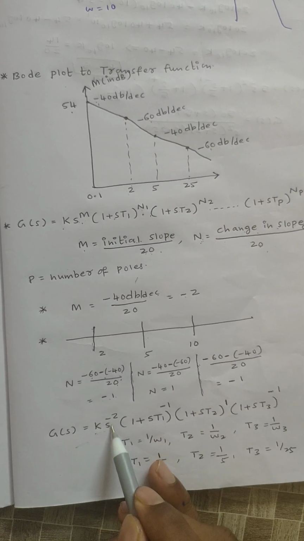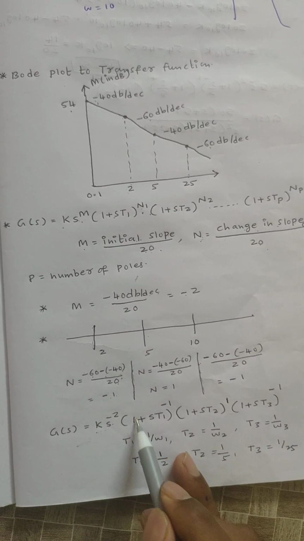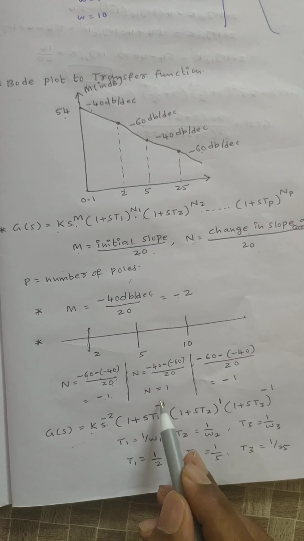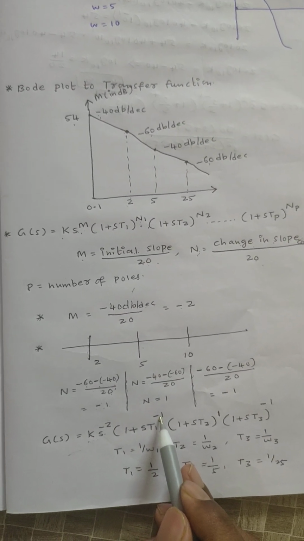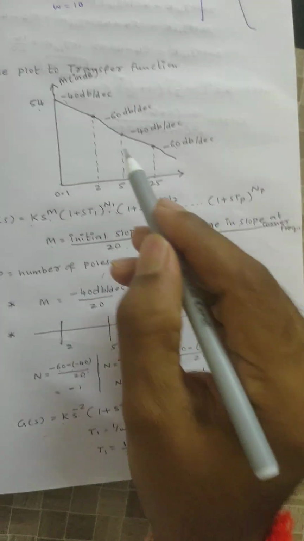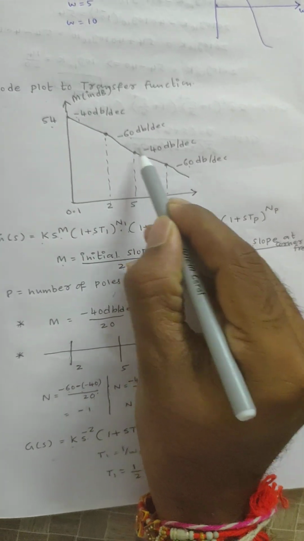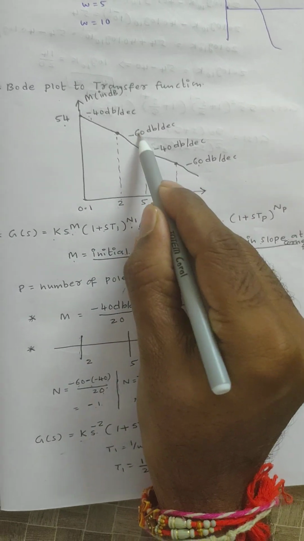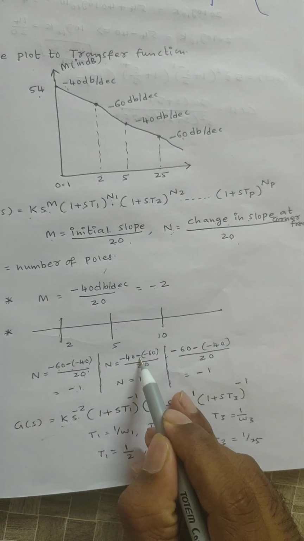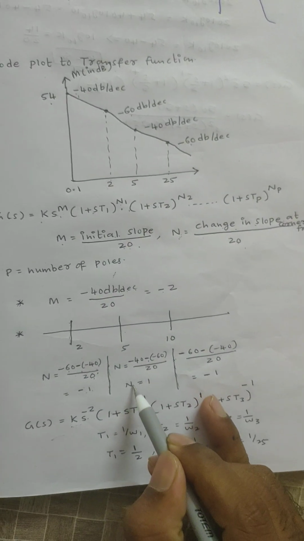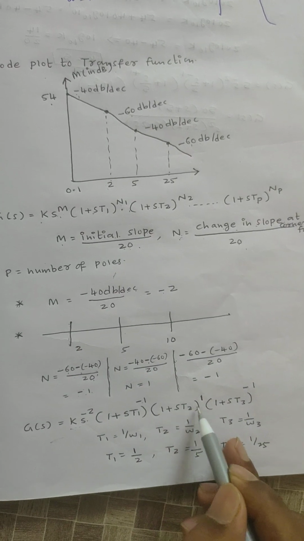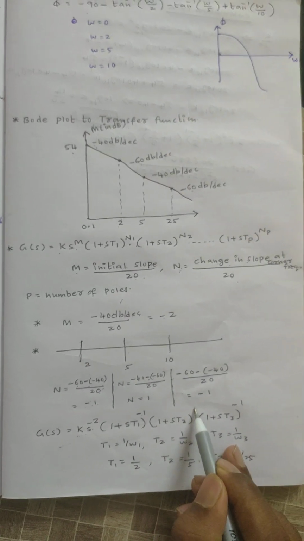That is, k into s power minus 2, the first term will be (1 plus sT1) to the power minus 1. Next n value, the change in slope is minus 40 minus of minus 60 divided by 20, so the n value will be 1, and the next term is (1 plus sT2) to the power 1.